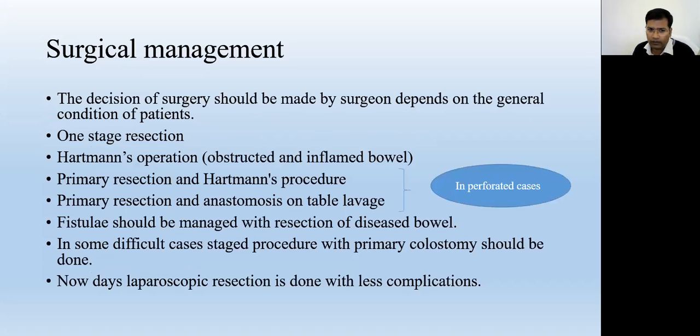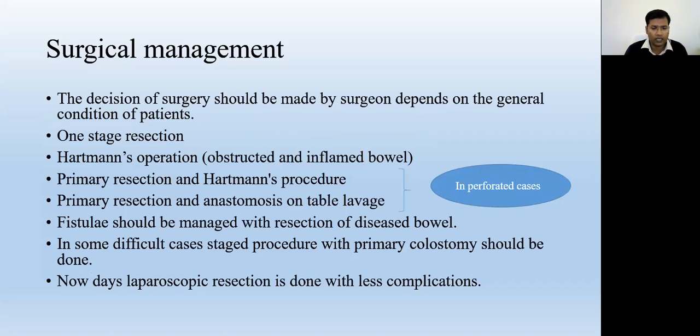In the surgical management, there are two kinds of management. One-stage resection, means that the part of the colon which has the diverticula is resected and end-to-end anastomosis is done. The second procedure is Hartmann's operation. Hartmann's procedure is usually advised in cases where obstruction or inflammation has happened in the bowel.